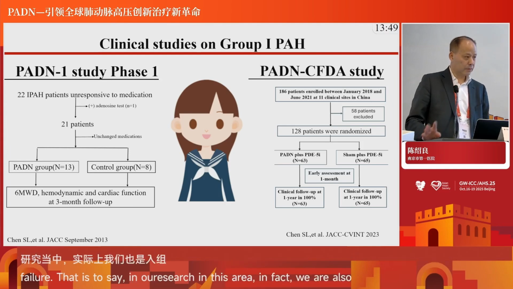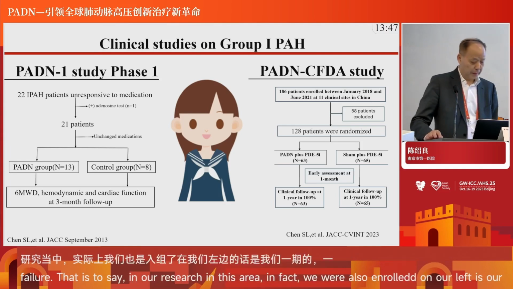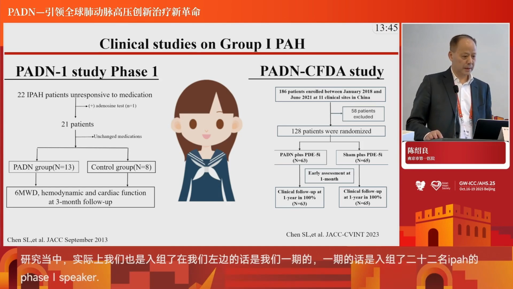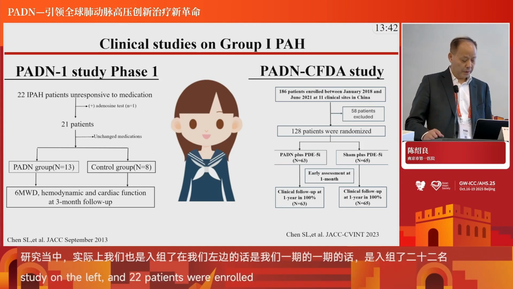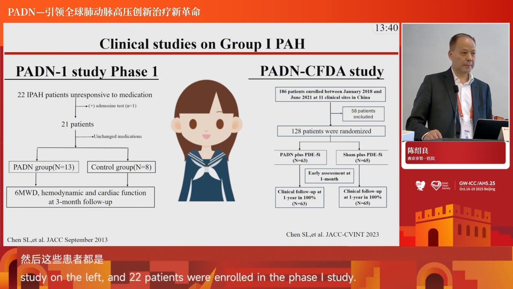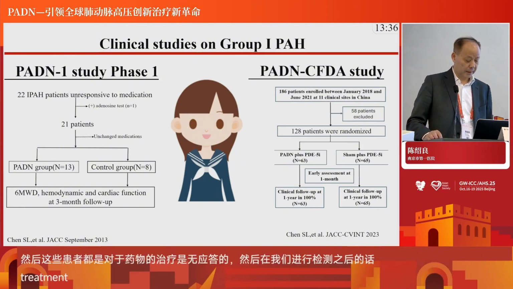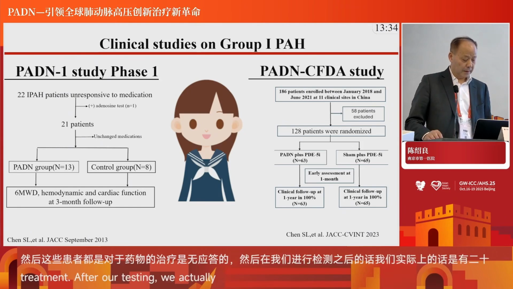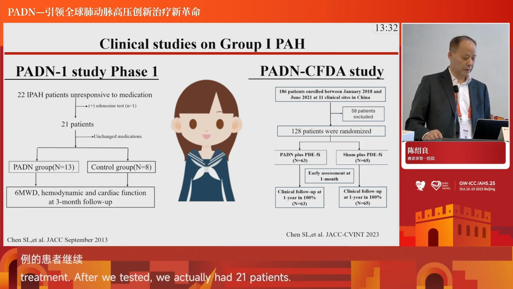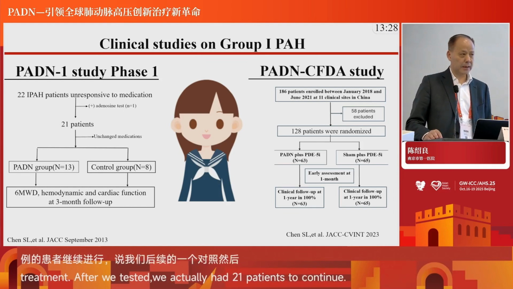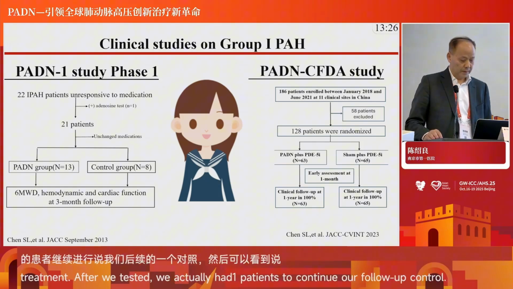Patients were grouped into the PADN group with 13 patients, compared to the control group with 8 patients. It's not a randomized study, it's just a pilot study. We monitored the change in 6-minute walk distance, hemodynamics and cardiac function at 3 months follow-up. This is a striking clinical study.